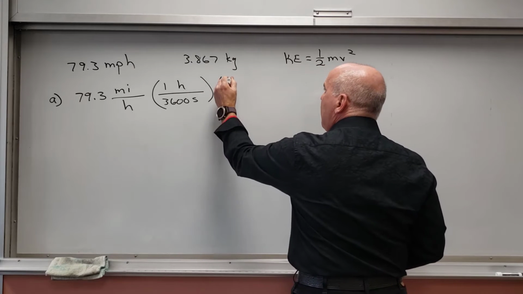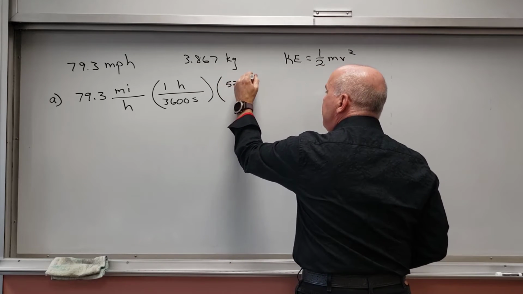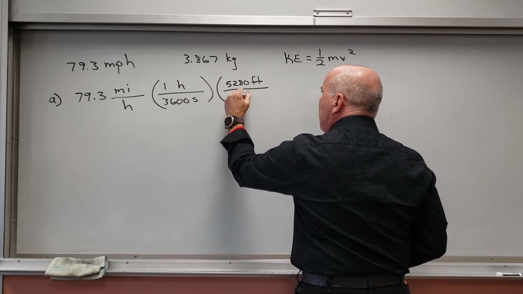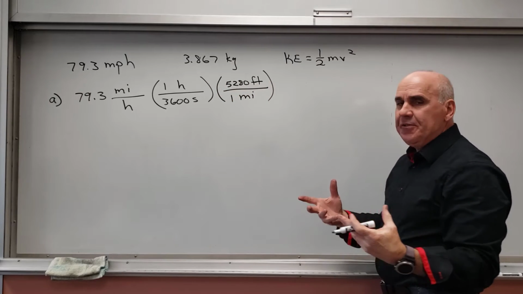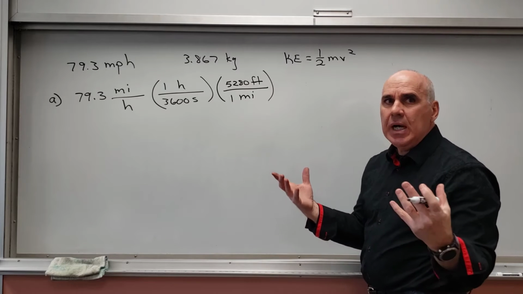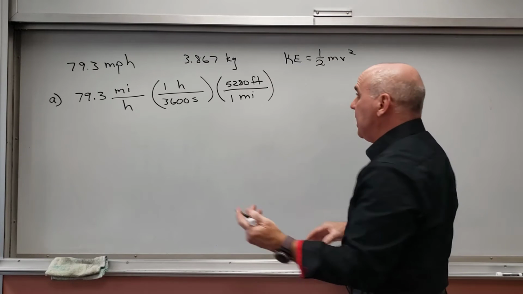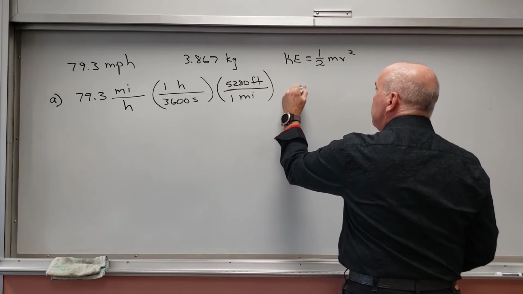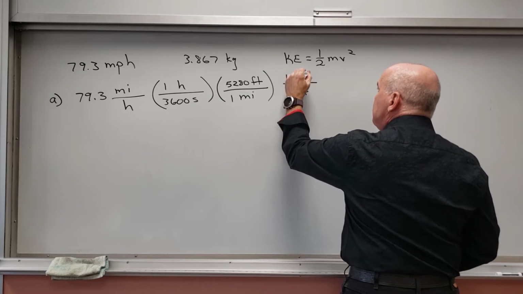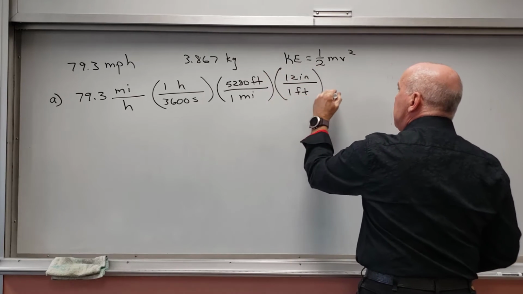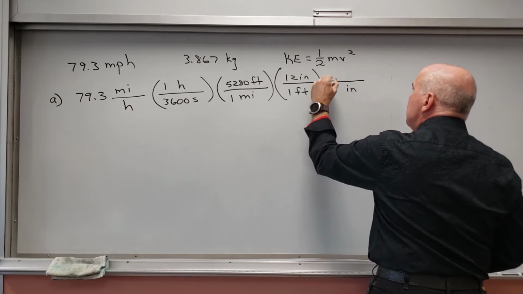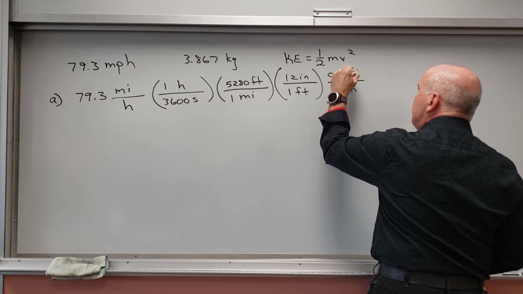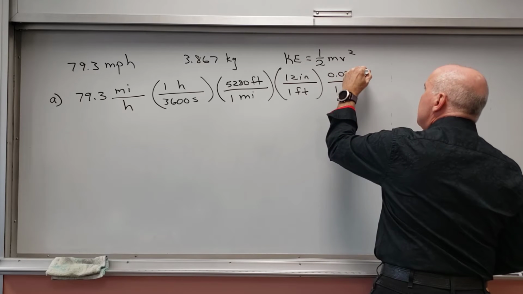All right, so there's that. Then the miles. There are 5,280 feet in 1 mile. Well, now I've gotten it to feet, but I need to get it into the metric yet. So let's see. 1 foot is 12 inches, and then 1 inch is 0.0254 meters.